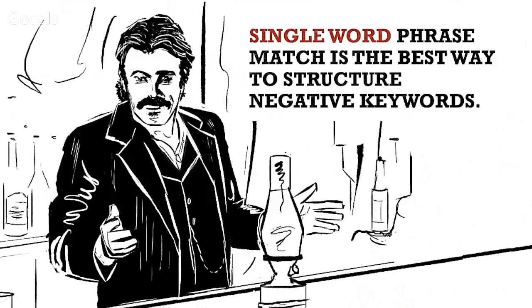Now, do I use a really good negative strategy? I do, but I use single keywords, and we'll go through this in implementation. I use single keywords to define things that aren't relevant to my product, and I use them as just a negative phrase match at the campaign level. I keep them very broad, but I make sure I filter out any irrelevant searches with a single word. And that is the very best way to do it.